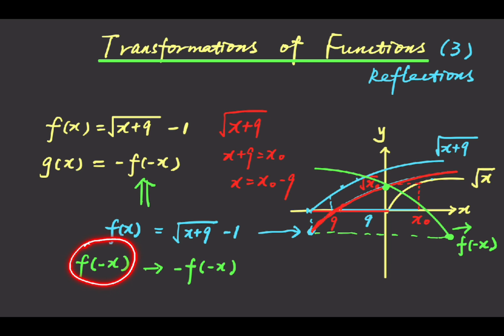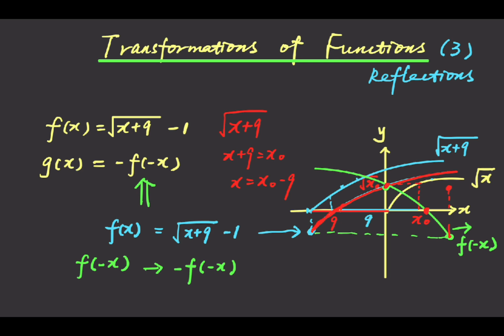From this one, change to this one, we just need to reflect this function's graph in the x-axis. We can get this function. So we just need to reflect the green curve in the x-axis. So this point should be here, and this point should be itself.